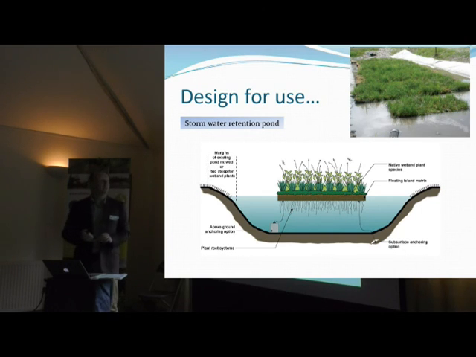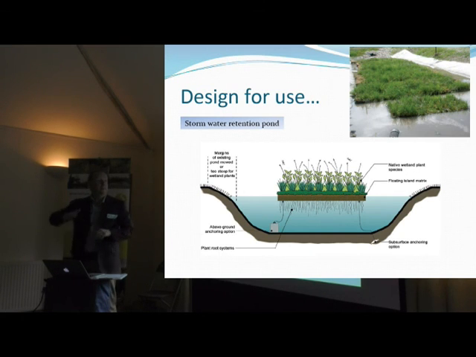A good way to do that is to reduce the oxygen content in the water, and that helps to precipitate out the metals. They combine with organic compounds and precipitate out. So you can restrict the oxygen exchange with the surface. If you put a 100% floating island on a stormwater pond, you'll make it anoxic and your metals will precipitate out. So it's a good way to trap metals.